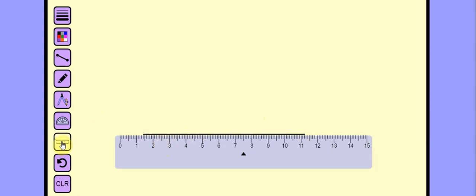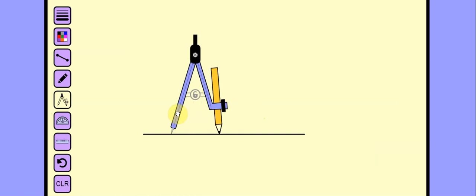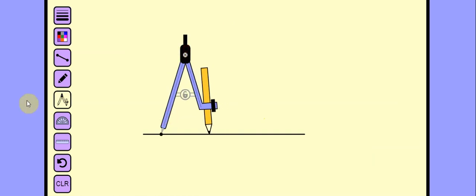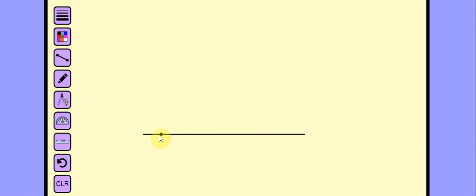All right. So now that we have drawn that line, we want to select a point on the line to label as A. So I'm going to select a point right here to label as A. So you just mark that with your pencil, just like that.